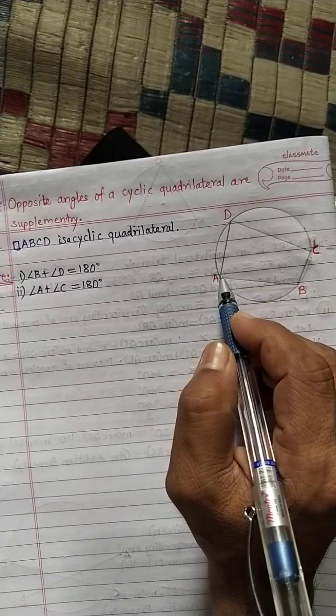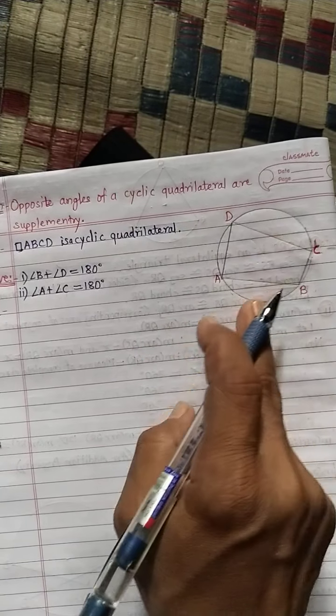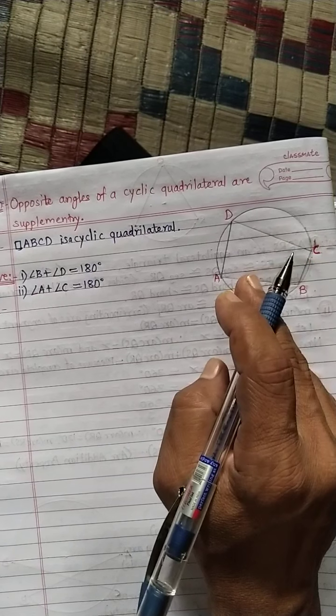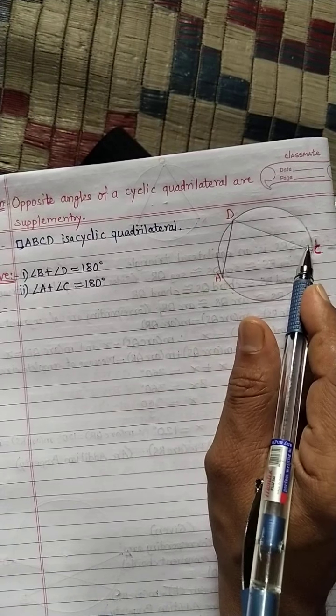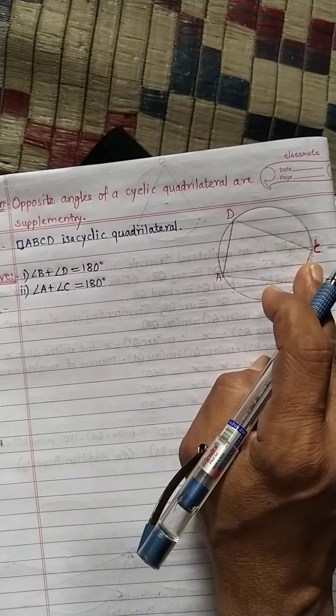Now half is common, so angle ADC plus angle ABC is equal to half of the measure of arc ABC plus measure of arc ADC.